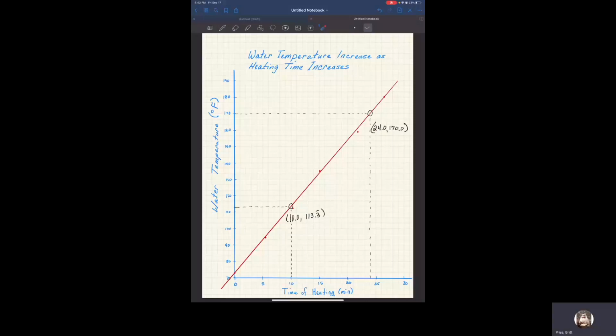Then I'm going to pick my 2 data points on that linear curve. And I'm going to go ahead and find the slope.